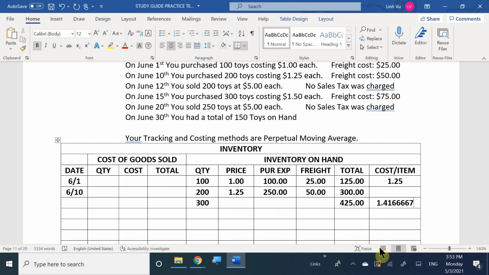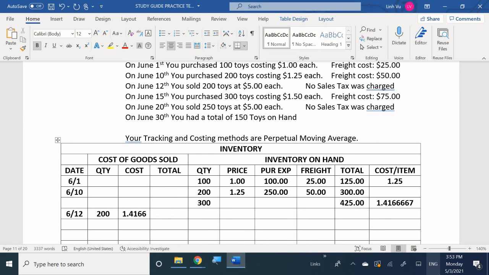Sold 200 toys at $5 each. Okay, so June 12th, if I sold 200 toys, what is my average cost per item going to be? 1.41666667. Okay, I can only squeeze so many digits.